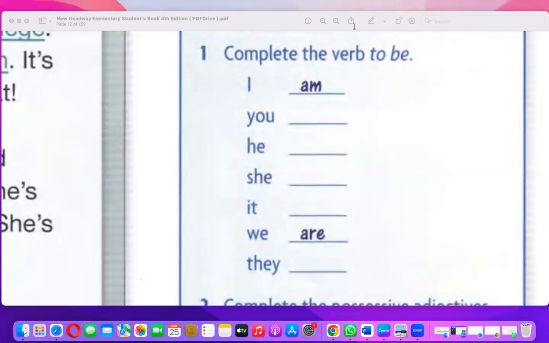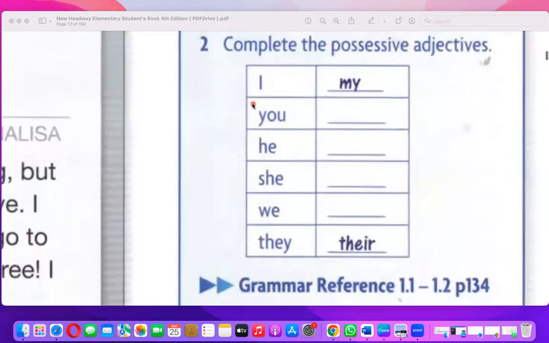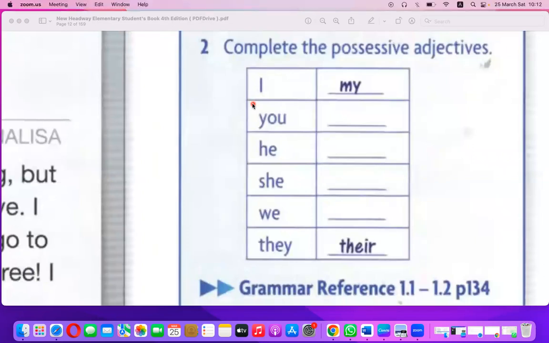Now let's move on to exercise number 2. This one will take 1 minute so everyone can try and figure out the answers. So I, you see, it becomes my. We need you, he. your.